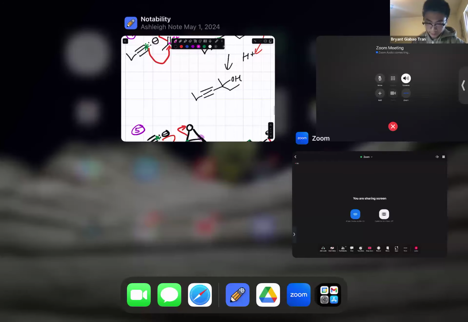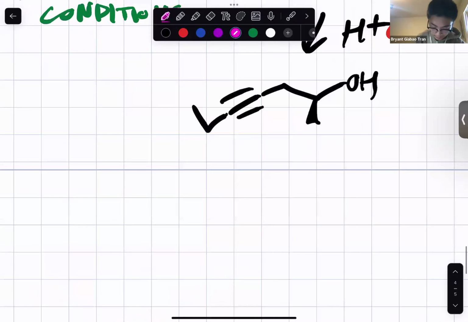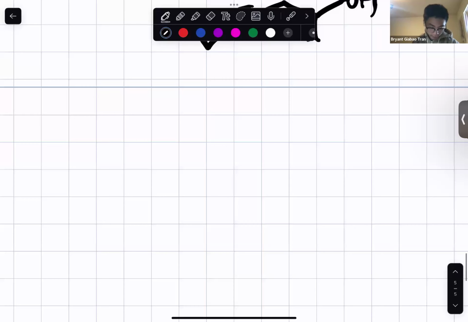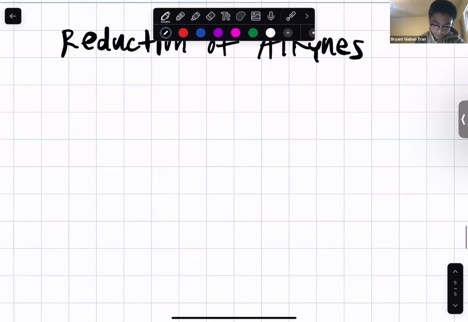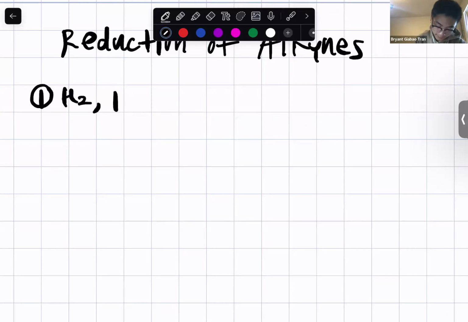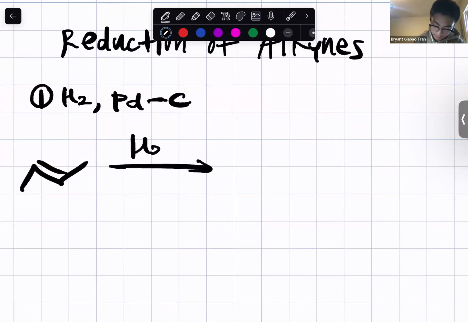Which are going to be reduction reactions. Let's first go over the one with H2 Pd/C. A review of this: let's say we had an alkene like that, and we put that through H2 Pd/C.